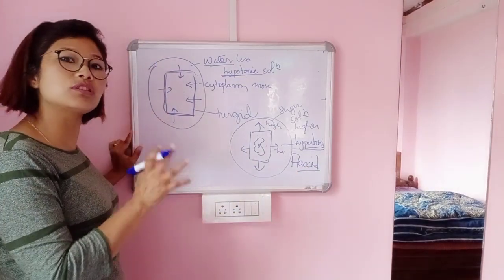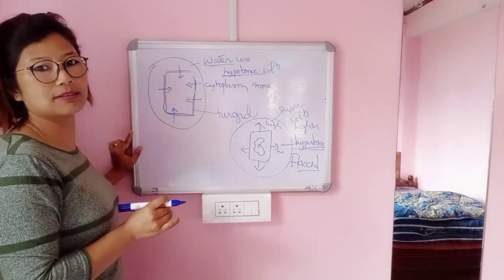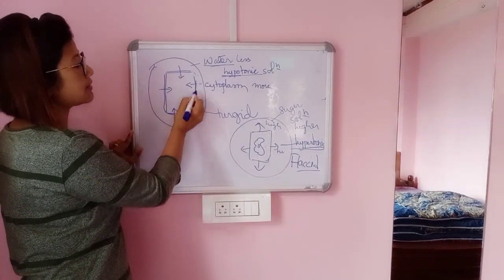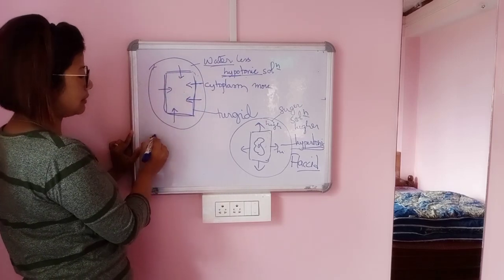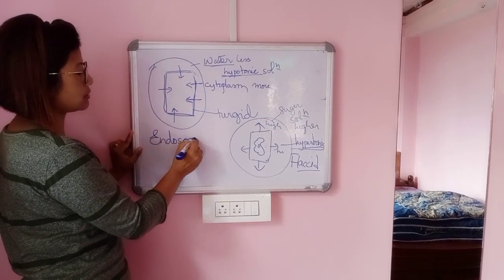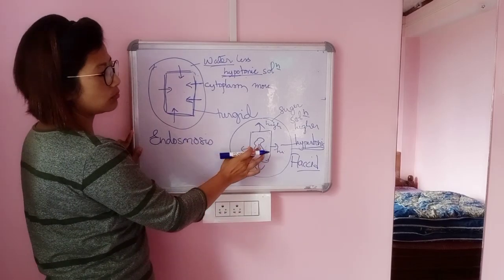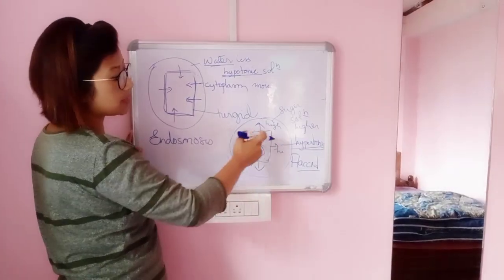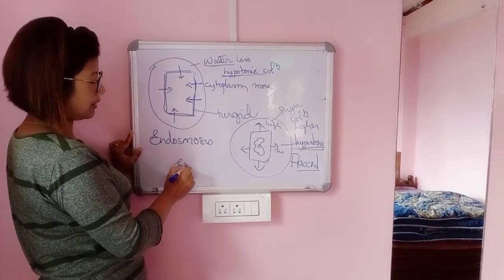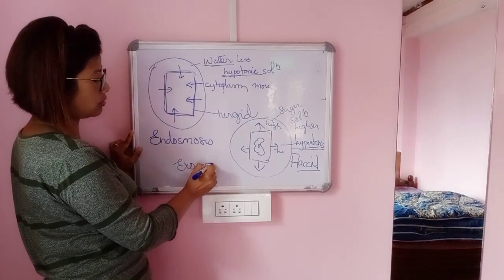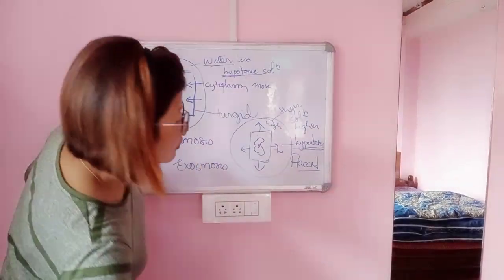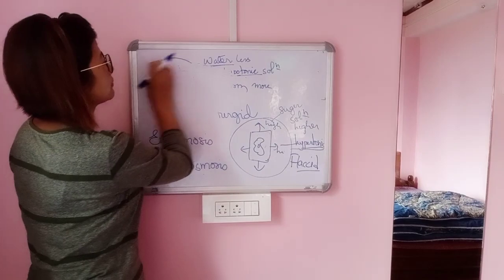I think you know what is turgid and flaccid. So when the water enters inside the cell, this is endoosmosis. And when the water comes out of the cell, making the cell flaccid, it is called exoosmosis. Okay, so I hope you understood this.